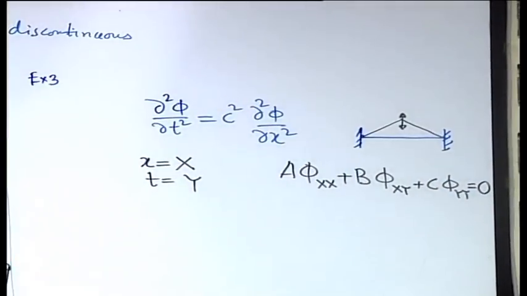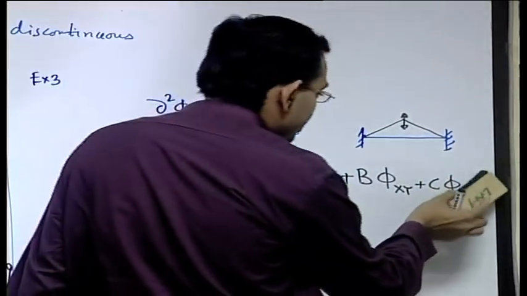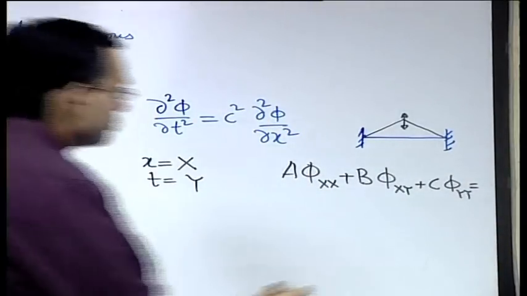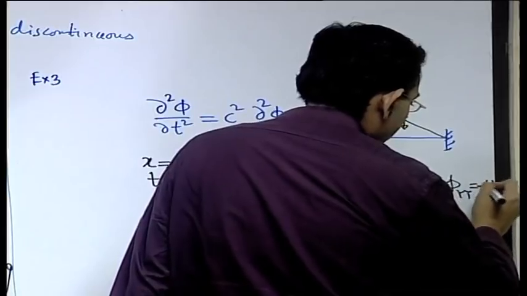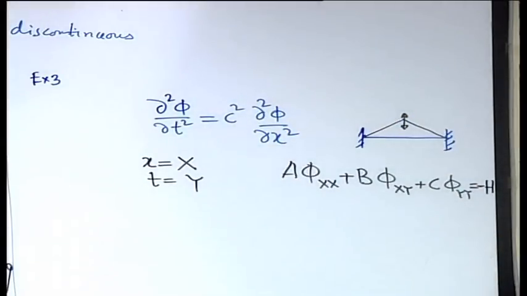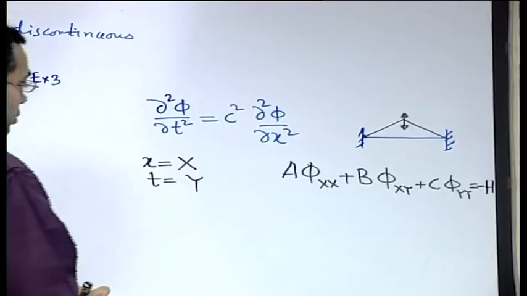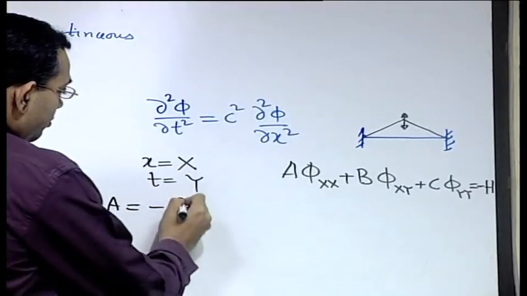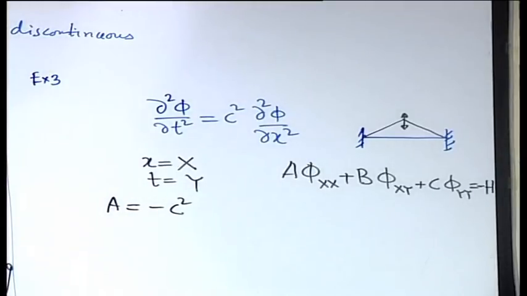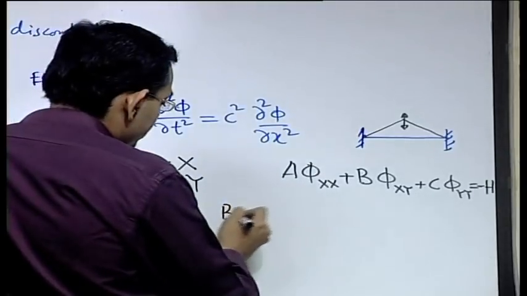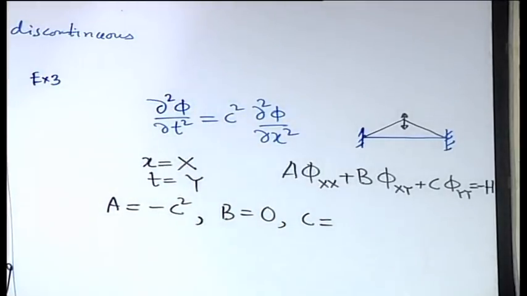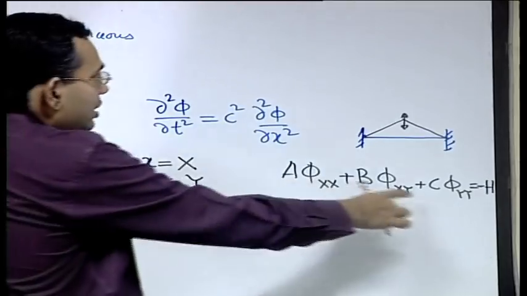Equal to some function. So, what is a here? Minus c square. What is b? 0. What is c? No, you have to bring all these terms in one side.